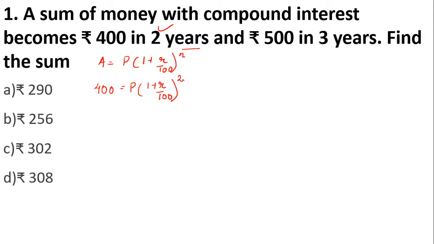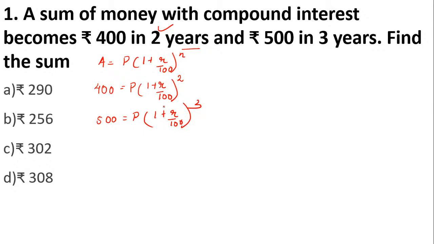Up till now everybody has got what I'm trying to say. Next, for the second amount, they have said 500 rupees, the amount they have got when they have put the money for 3 years. Since we do not know the principal, I'll write P, and then (1 plus R upon 100) to the power of 3. Clear up till now?